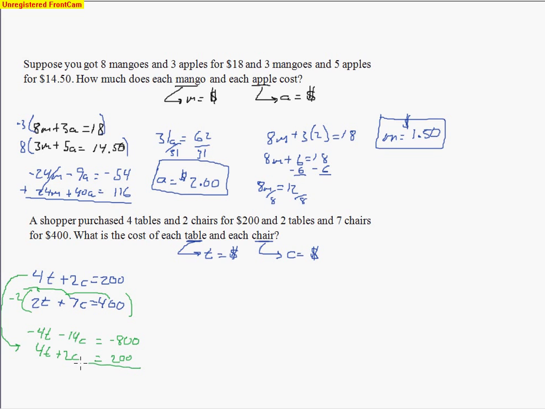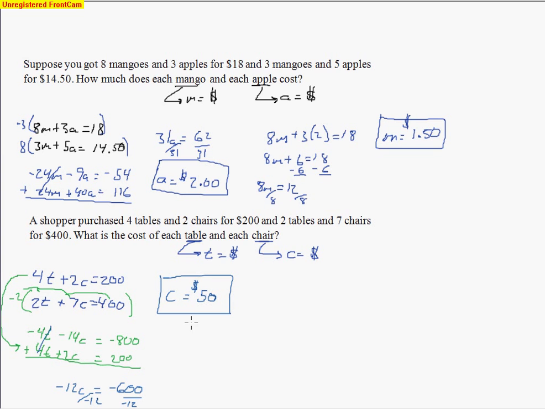And I'll add these together. What that leaves me with is the T's end up canceling. I'm left with negative 12C equals negative 600. The negative signs are going to cancel, and negative 12 goes into negative 600 50 times, so $50 is the cost of a chair.